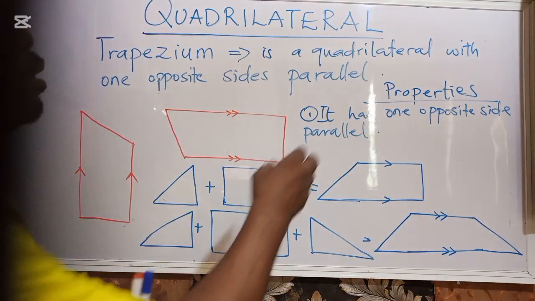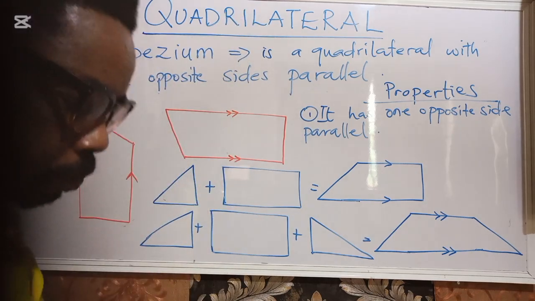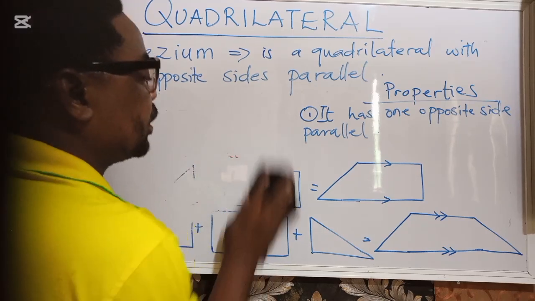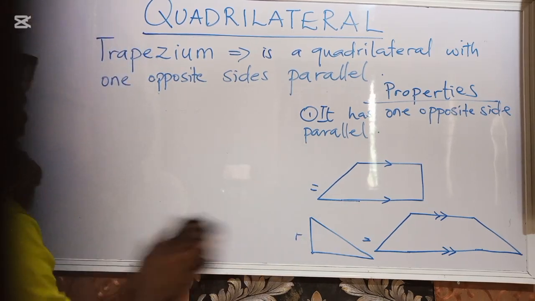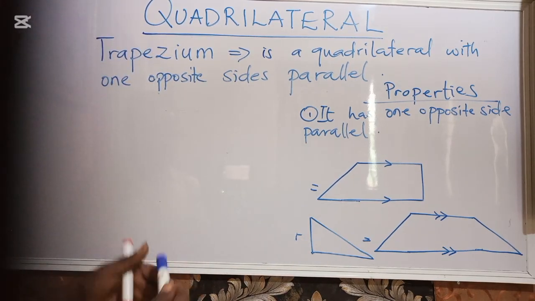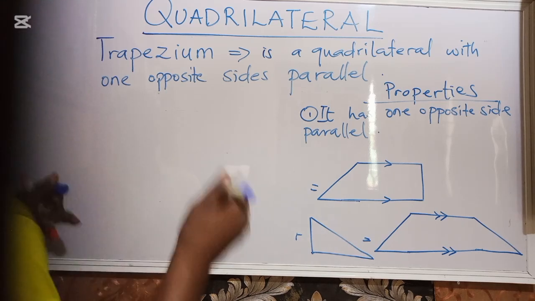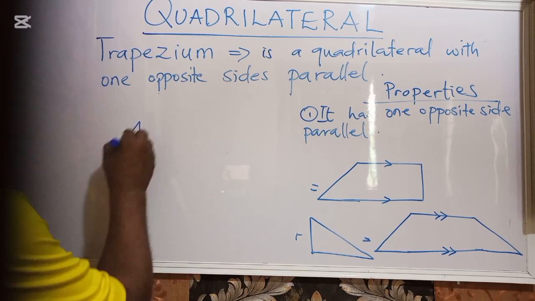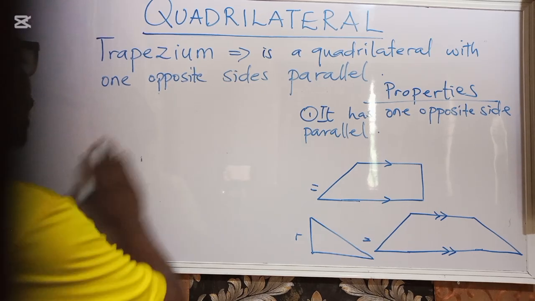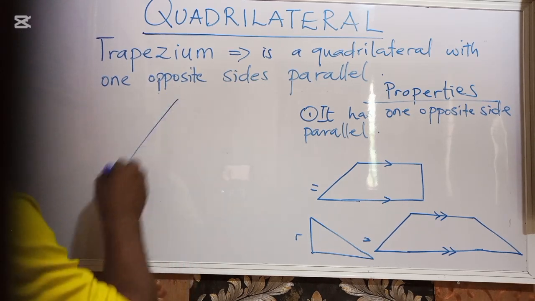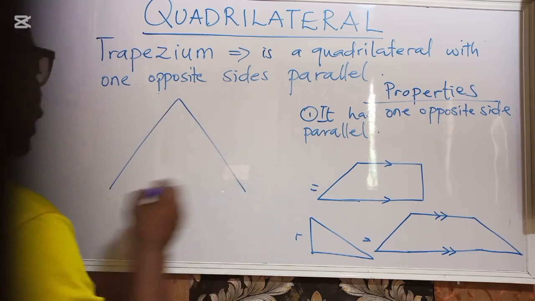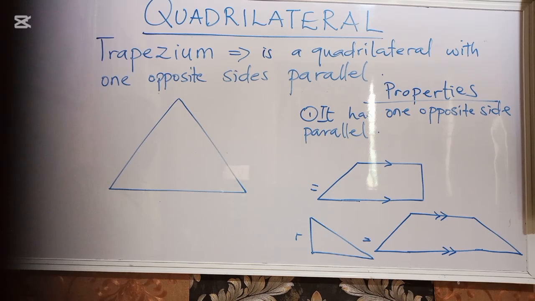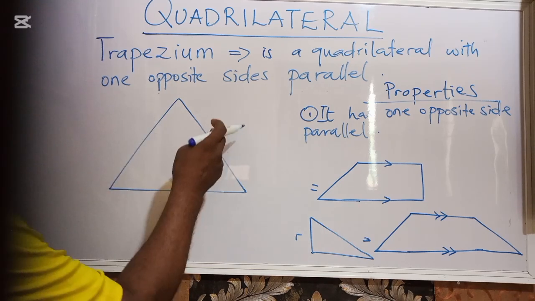we have types of trapezium. Let me quickly talk about that. We have scalene trapezium. We have isosceles trapezium. Let me just draw an equilateral triangle first. In this one, all the sides are equal. This side and this side are equal.